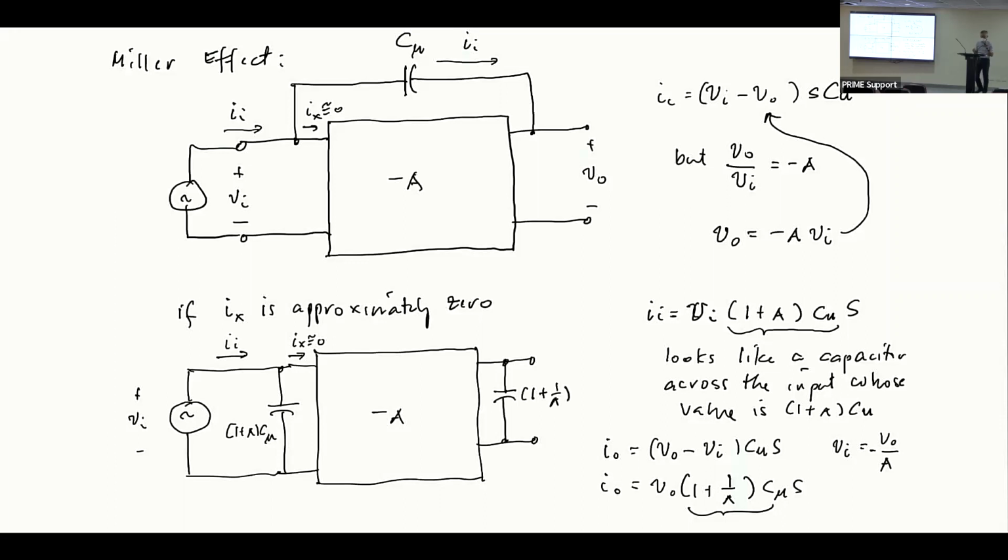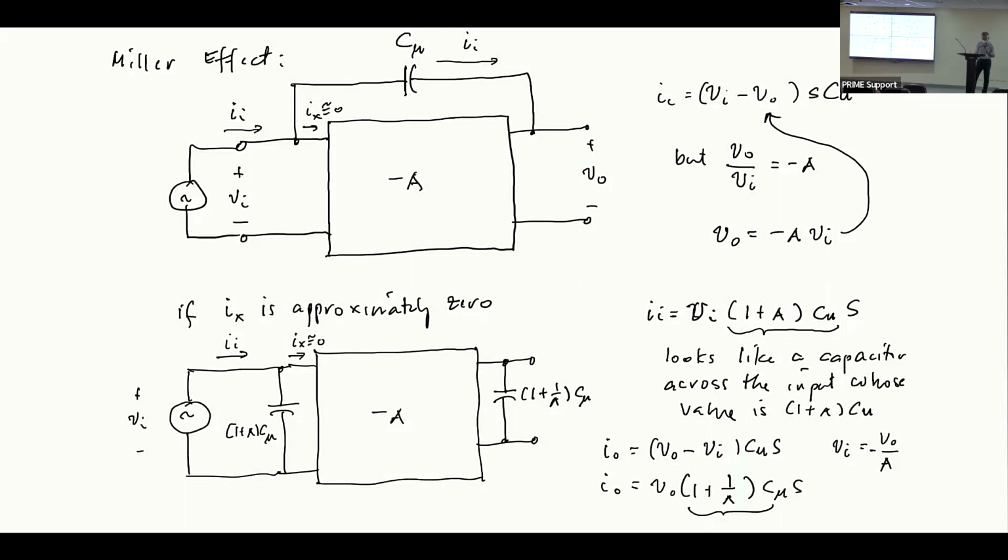Now if A is large, then it's approximately equal to C sub mu. And usually A is large, so usually this is negligible. So it is as if the capacitor is just connected at our output. The Miller capacitance has a significant effect on the input, not as significant an effect on the output.